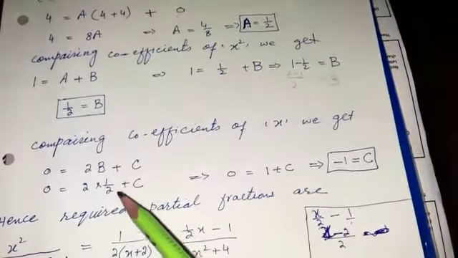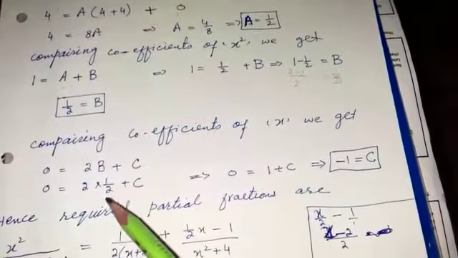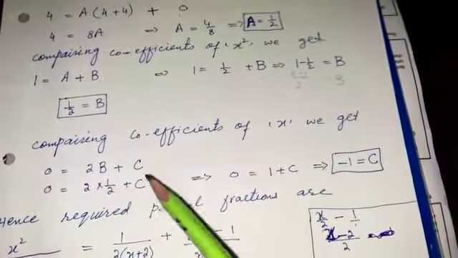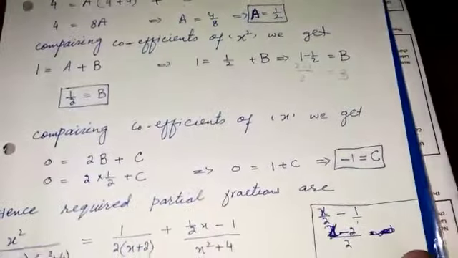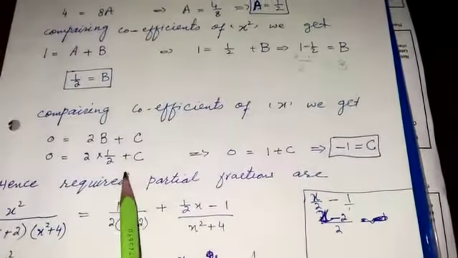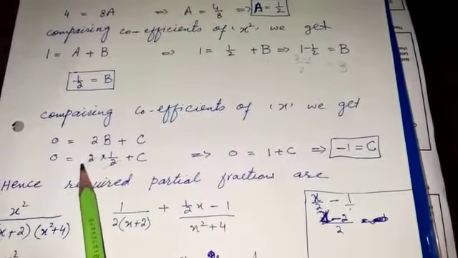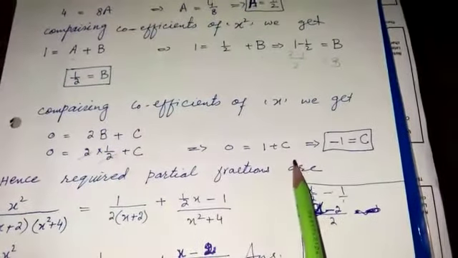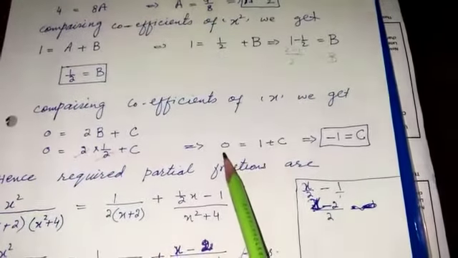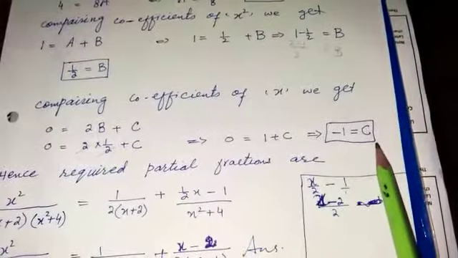The value of b is 1 by 2, so we put here 1 by 2 multiplied by 2 plus c equals 0. Now this 2 will be cancelled by 2 and we get 0 equals 1 plus c. By shifting 1 to the other side, we get minus 1 equals c.